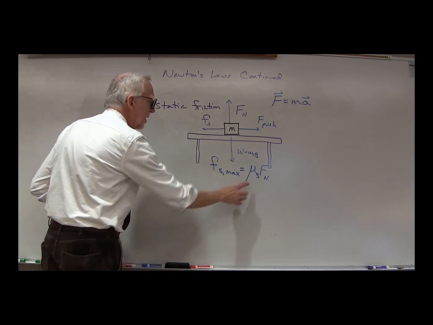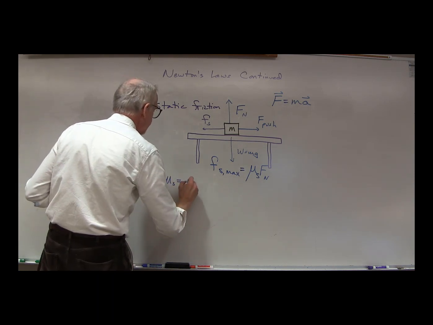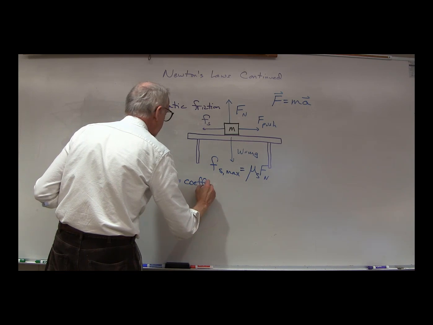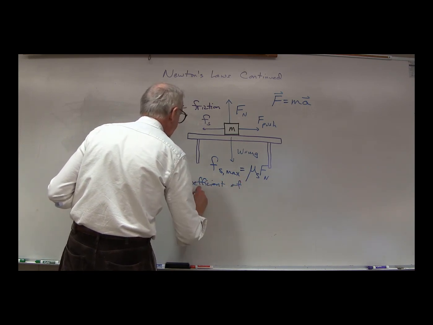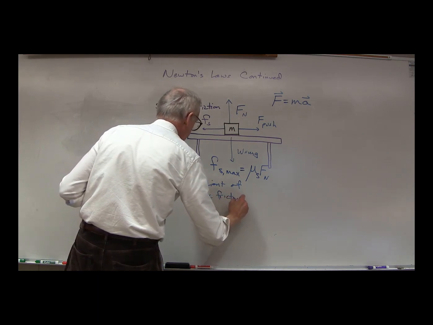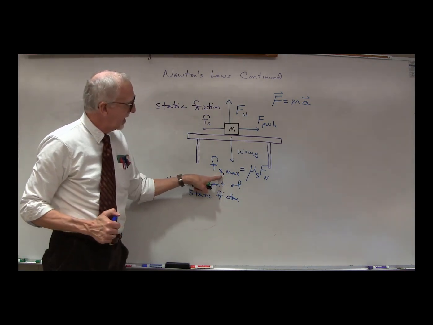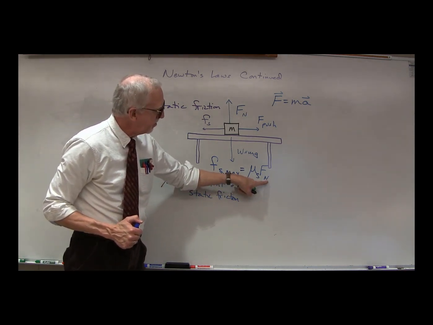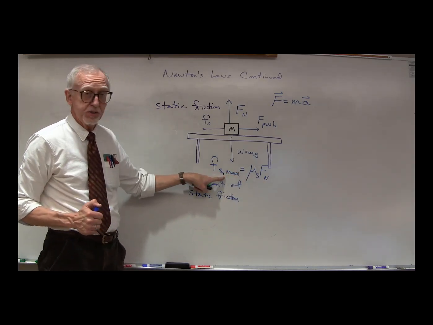And this is called mu sub s, and this is called the coefficient of static friction. With this proportionality of Fs max and Fn, mu s tells us how we can equate these two forces.